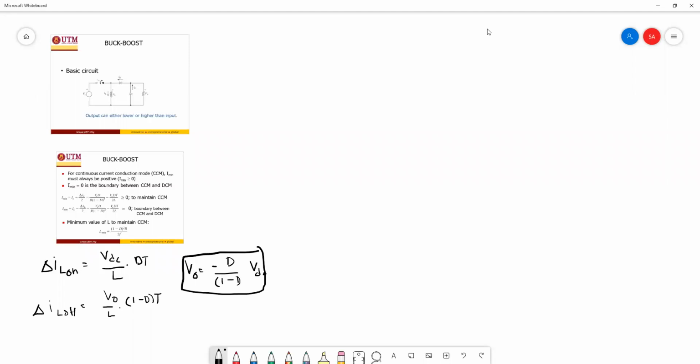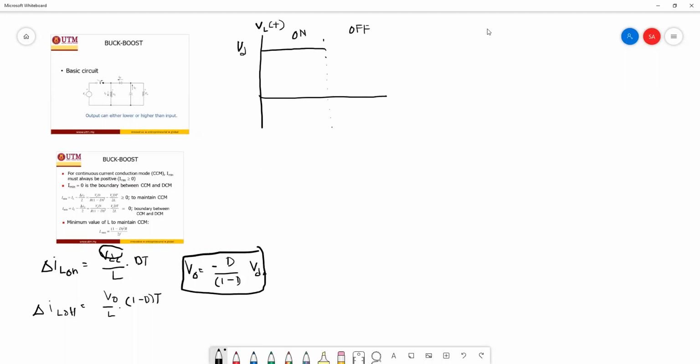So right now what we want to do is continue the analysis on the inductor current. Assume that this is the waveform. I sketch the waveform of the voltage of the inductor, which varies with time. We analyze during the turn on and the turn off. During turn on, the switch is on, and the voltage across the inductor is equal to VDC.